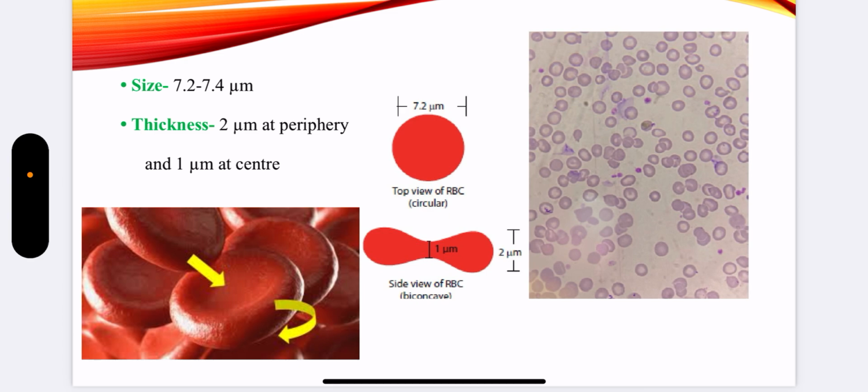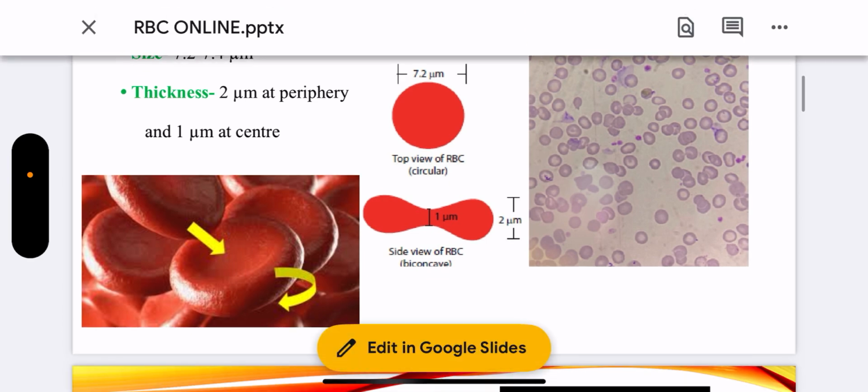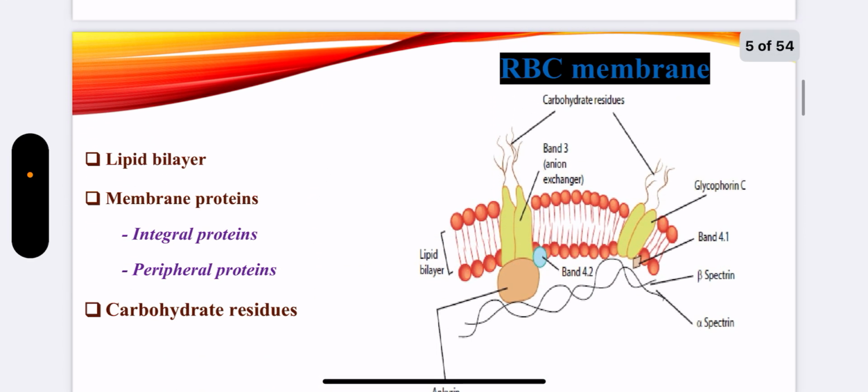Okay, so we shall discuss the proteins present in the RBC membrane that contribute to this biconcave shape. The RBC membrane, as you can see in this figure, has a lipid bilayer. It has membrane proteins we talked about.